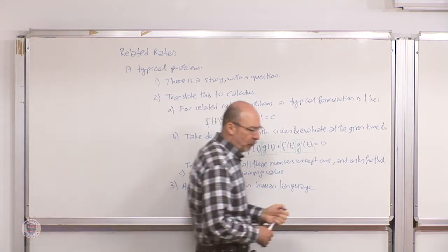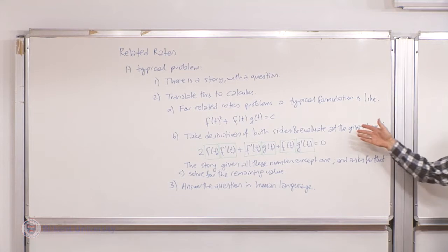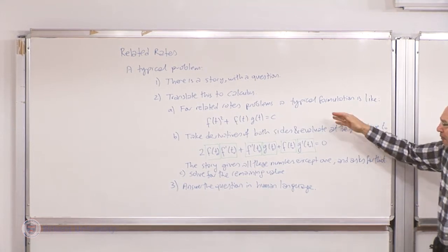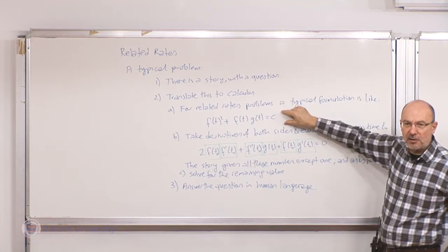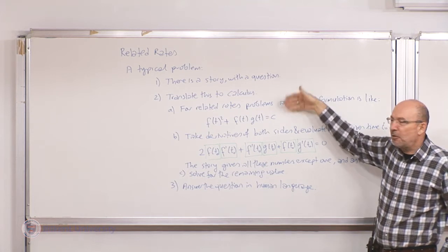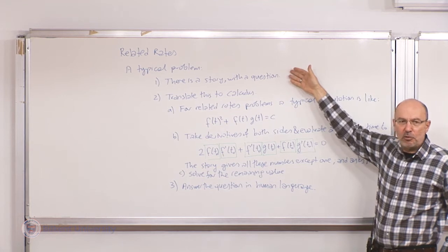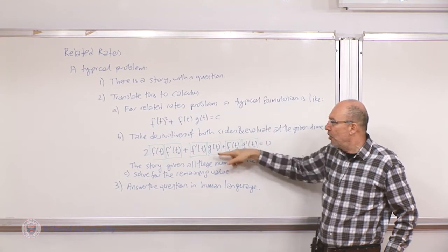Okay, let's start with doing some simple examples. No matter how complicated the story is, this is how you solve a typical related rates problem. After you translate the story, you must have an equation like this, involving all the values mentioned in this story, and invariably the story is talking about rate of change of something. So you need this part.